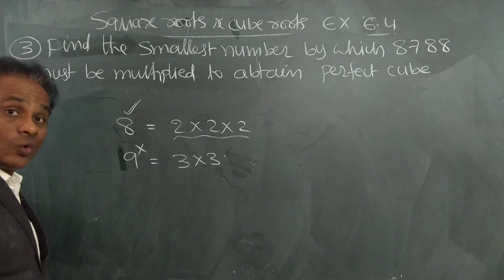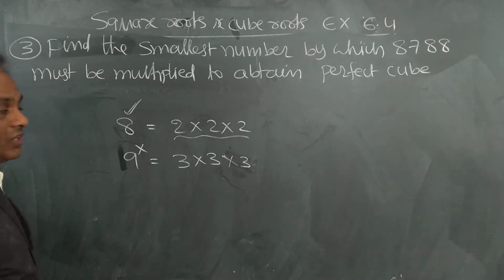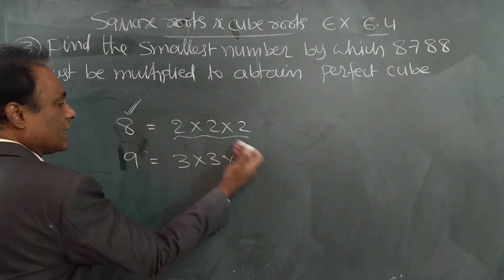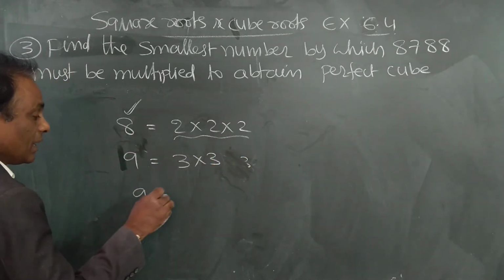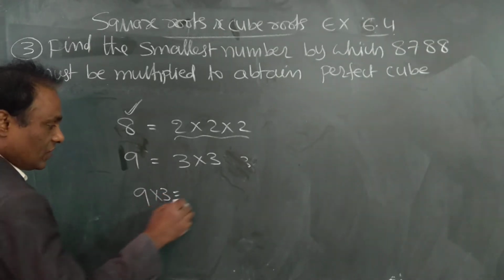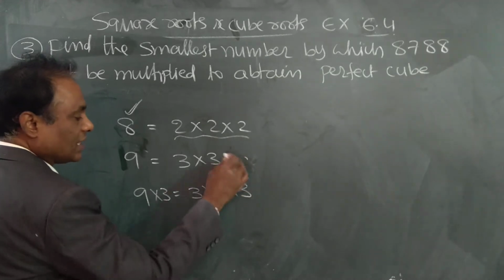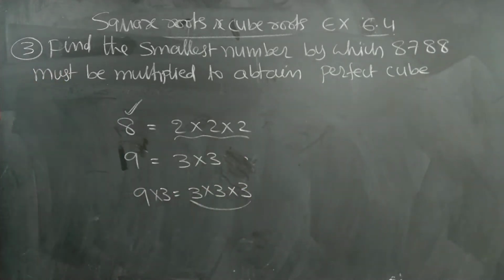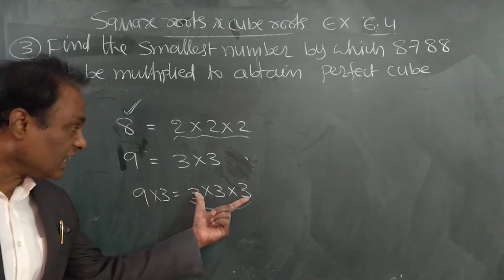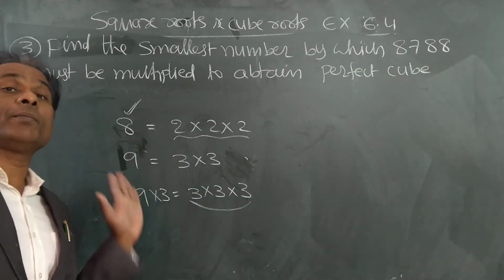How to make it a cube? If we write one more 3, it becomes a cube. So 9 is not a perfect cube. 9 should be multiplied with one more 3, that is 3 into 3 into 3, and then it becomes a cube. So if any shortfall is there, we have to add that extra factor to make it a perfect cube.